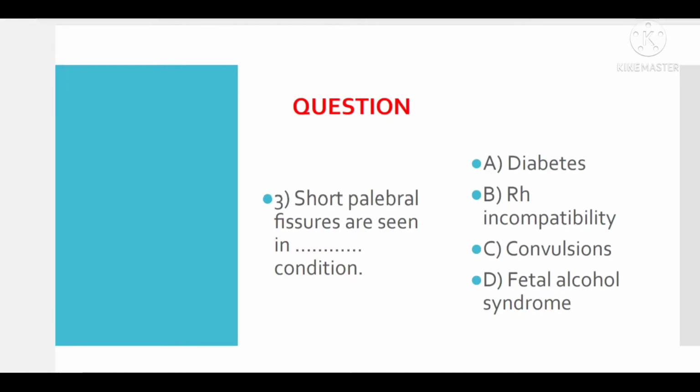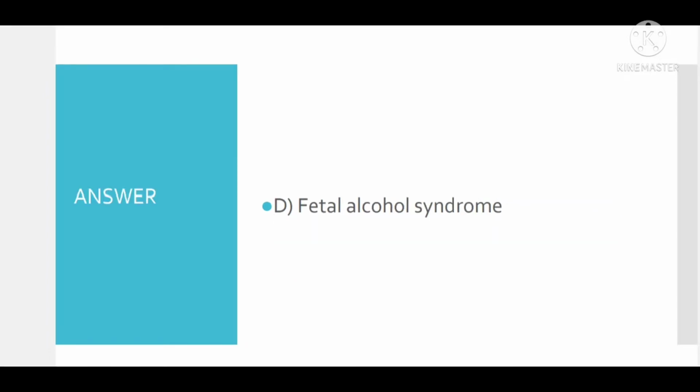Next question, question number 3. Short palpebral fissures are seen in dash condition. Option A diabetes, option B Rh incompatibility, option C convulsion, and last one D fetal alcohol syndrome. Here the correct answer: option D, fetal alcohol syndrome.